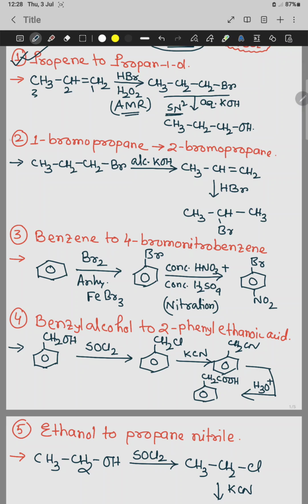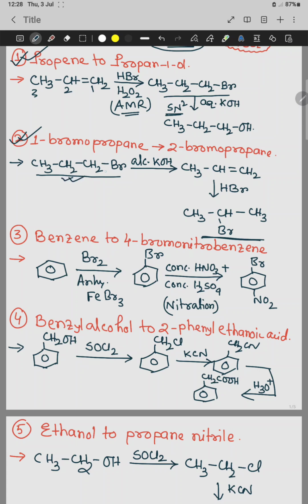Now see the second one, that is 1-bromopropane to 2-bromopropane. First of all you can write the structure, and then think how you can convert the reactant to the product.